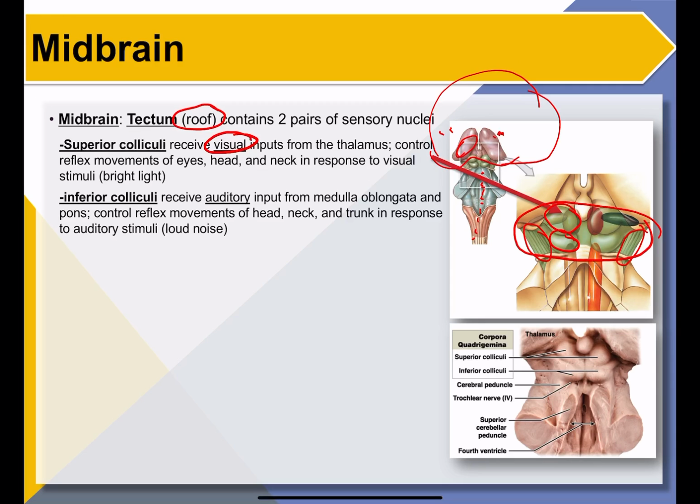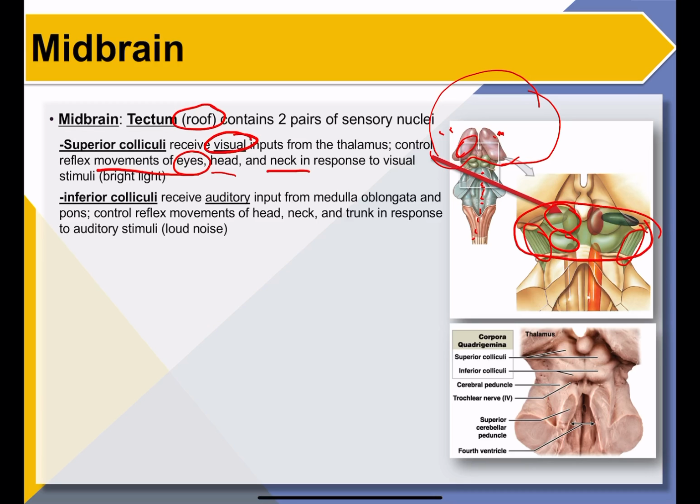Okay, and once it receives that visual input information, the superior colliculi can then regulate and give control over that reflex movement of the eyes, head, and neck in response to that visual stimuli. So for example, let's say in a dark theater, it's all dark, okay, you're paying attention to the front screen, but all of a sudden someone's phone starts lighting up next to you, then almost everybody has that natural reflex of, oh, let's look to the left, and where's that light coming from?